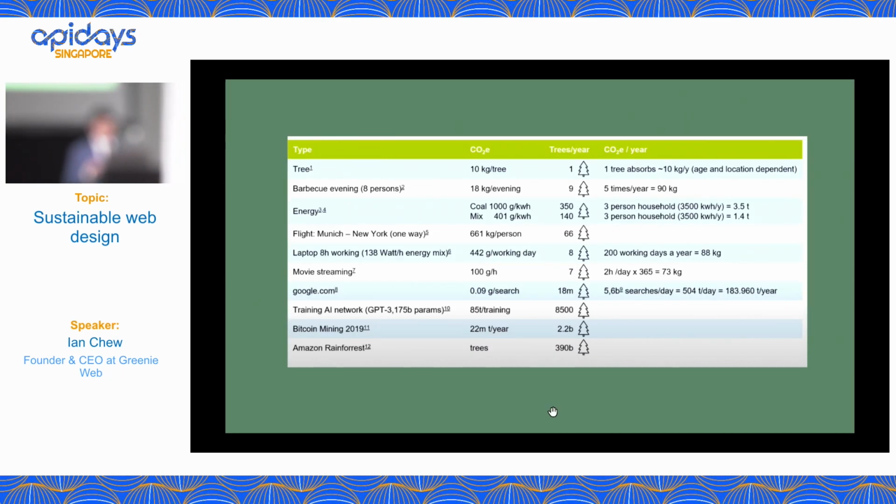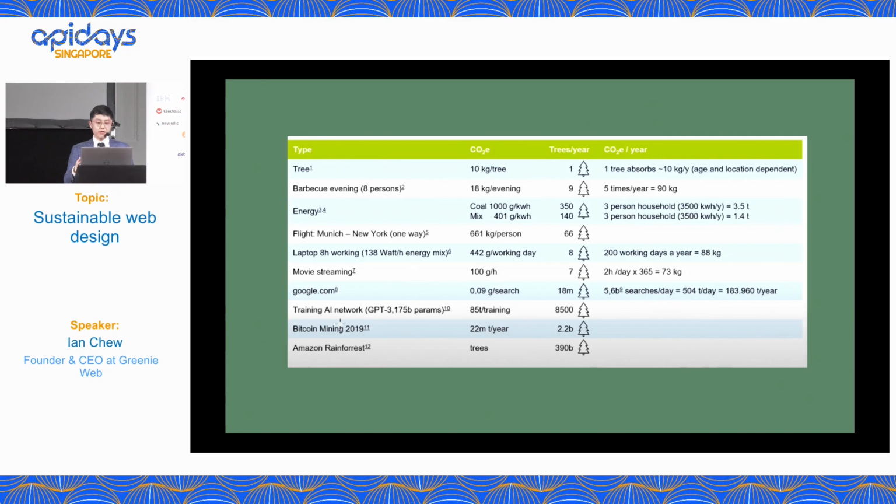All right, so this is just a chart that I found online that seems very interesting. I just want to draw your attention to this part right here. You see here, training AI networks, right? All of you here probably would have used ChatGPT. ChatGPT's carbon footprint is different, right? This one is just talking about training of an AI network. We're talking about GPT-3, which is like the predecessor, right? Now it's GPT-4, and previously it was 3.5.